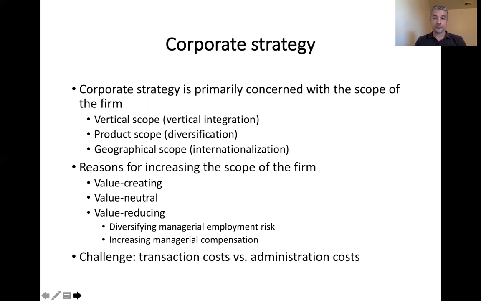And ideally, if you expand into other industries, if you manage your vertical scope appropriately, you should expect significant cost savings, and we'll definitely talk about those in a few minutes. But you have to remember that ultimately all the benefits that you can reap from increasing the scope of the company are counterbalanced by the costs.